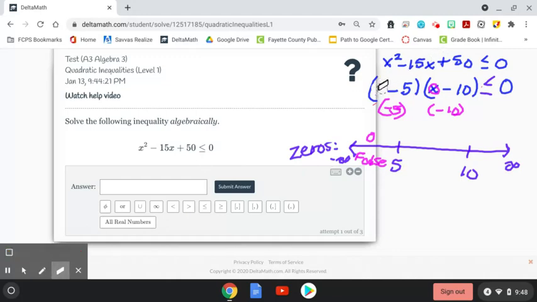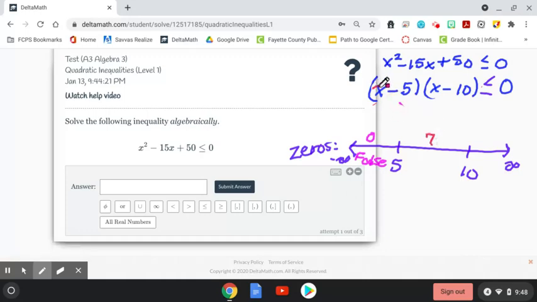Now let's move on to the second interval. Let's change this back to x's. Pick a number in the second interval between 5 and 10, any number you want. Let's try 7.